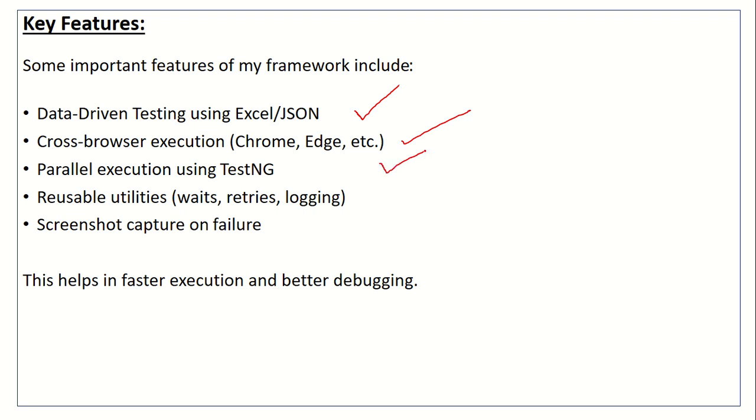Our framework supports parallel execution using TestNG. We have reusable utilities for retrying, logging, multiple waits, and even for taking screenshots. Whenever there is a failure, our framework captures the screenshot, which helps in faster execution and better debugging.